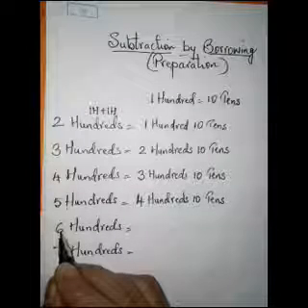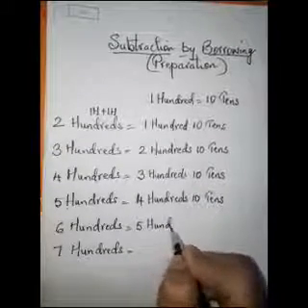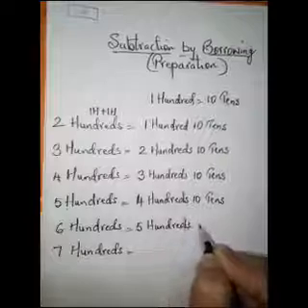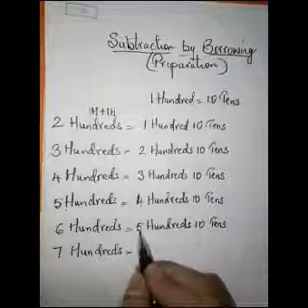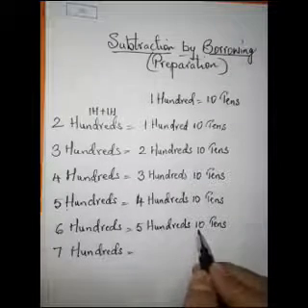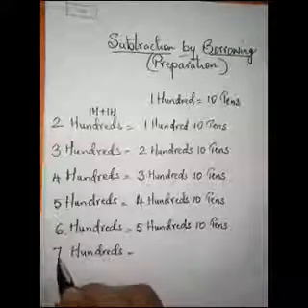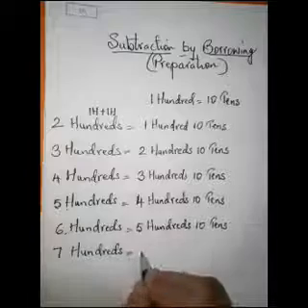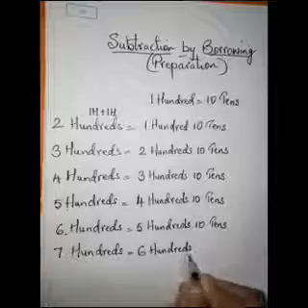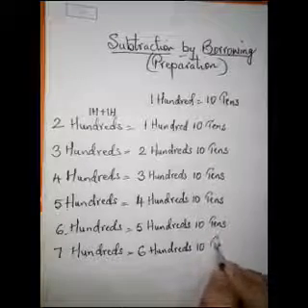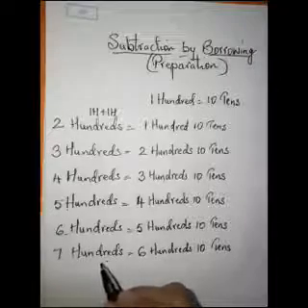So from this we'll write 500s and the left 100 will convert it into tens. Again 500, 10 tens means 100. So 5 plus 1, 6. That becomes 600. Now from 700 we'll take 600s and 10 tens. So that becomes 700s.